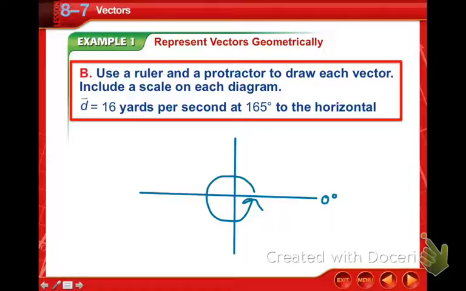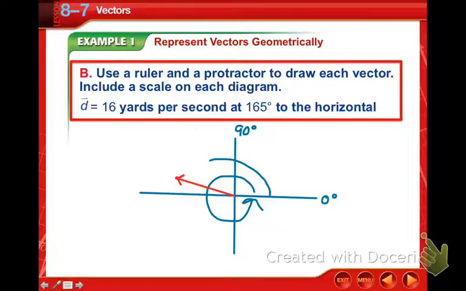165 degrees. So we're going to go up to the 90 up top. We're going to go past all that. So it's going to go around to some number over here, 165, which is about here. So again, I'm going to draw my arrow to it.